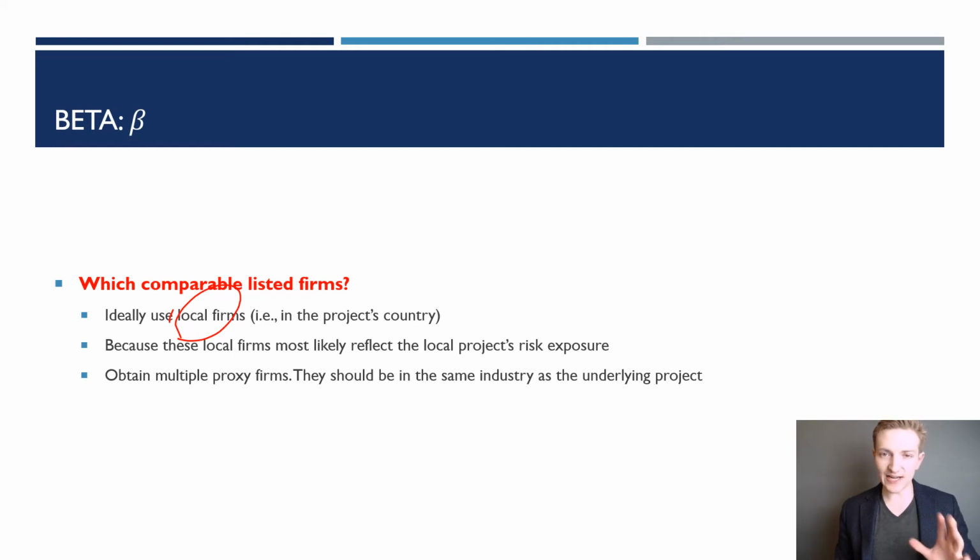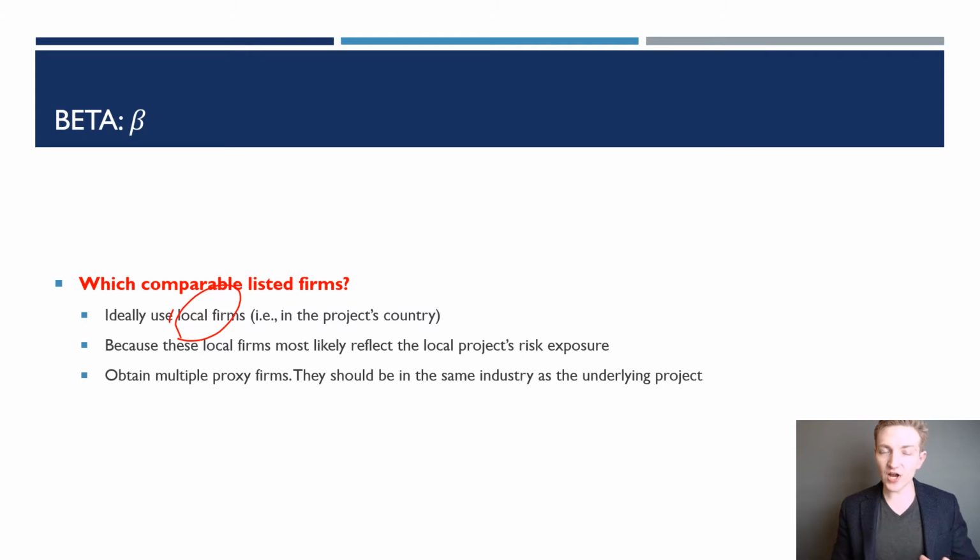Now that's sometimes easier said than done, because it might be that there aren't any local firms in your subsidiary's industry, or there's only one or two of them, or they might not be directly related. So you might need to use firms that are in slightly different industries, but nevertheless are highly correlated. Or you might need to use firms that are in countries that aren't exactly where your subsidiary is going to be based, but are highly correlated countries with very similar risk exposures.